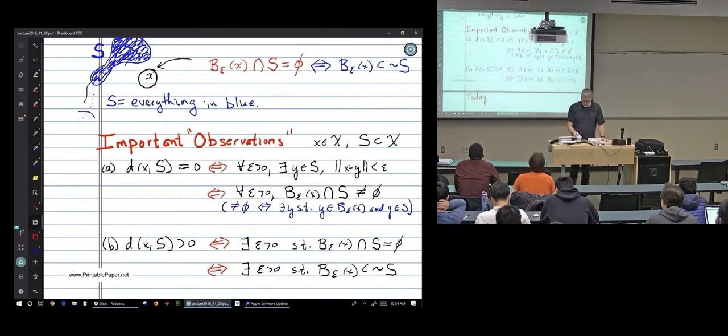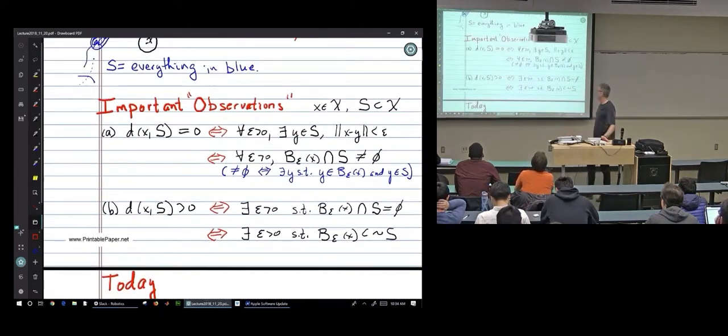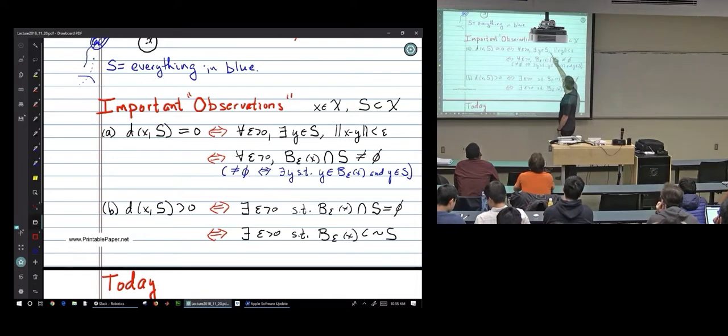And so this is how we were using that at the end of class on Thursday when we introduced our distance, and we tried to characterize it in terms of these open balls. And we're looking at when is the distance of a point to a set equal to 0? Well, distance 0 means that the infimum over all points y in S of the norm of x minus y is 0.